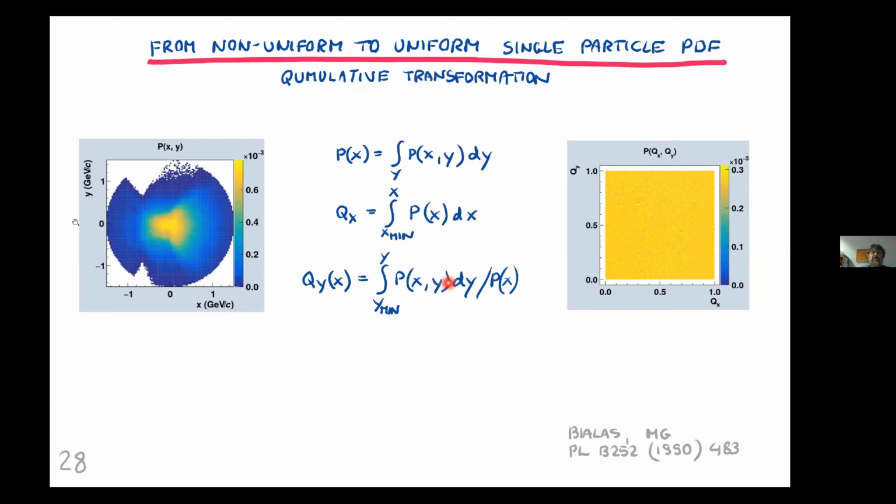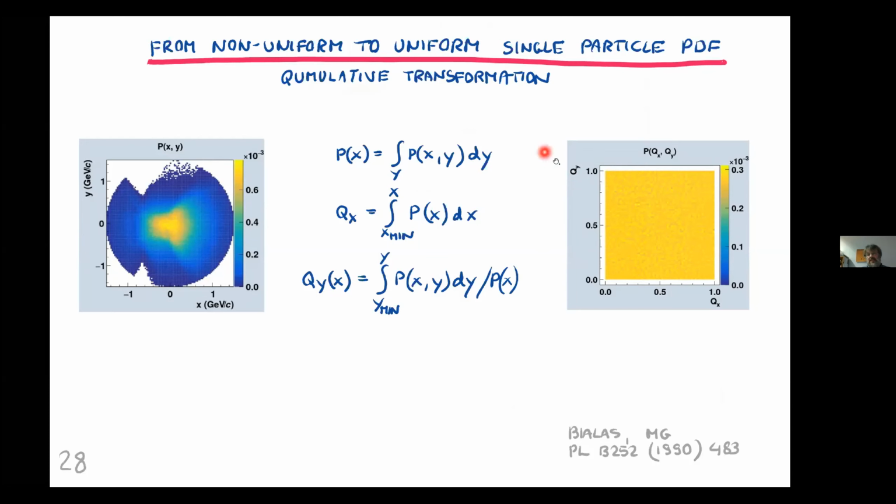That's an example of a Px, Py distribution from an A61 used for the intermittency analysis. But then you have the so-called cumulative transformation, trivial and popular, and you make it uniform. So this is the same distribution after transforming by this cumulative transformation, Qy, Qx instead of Py, Px.